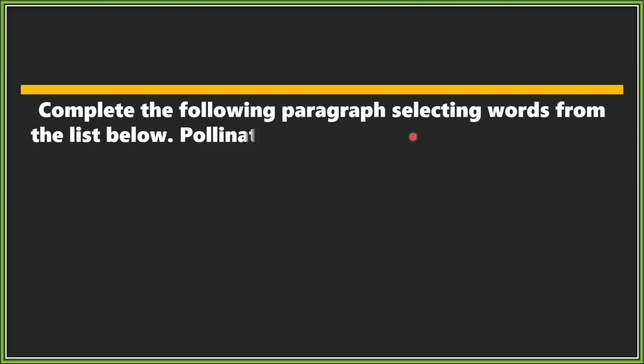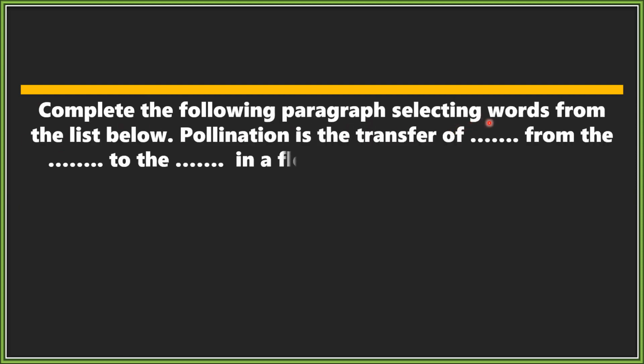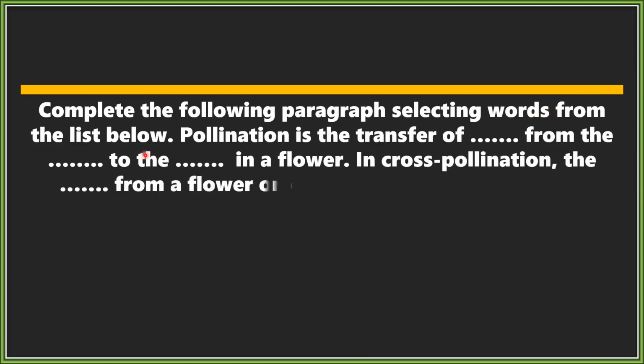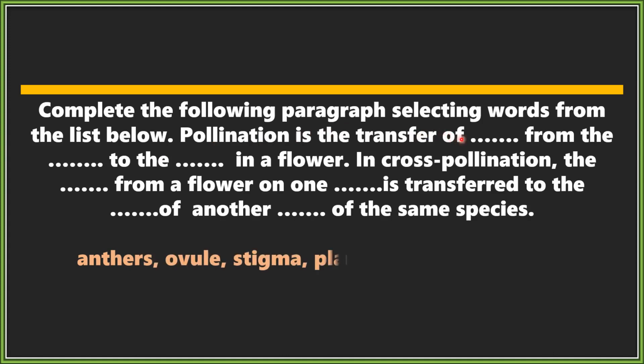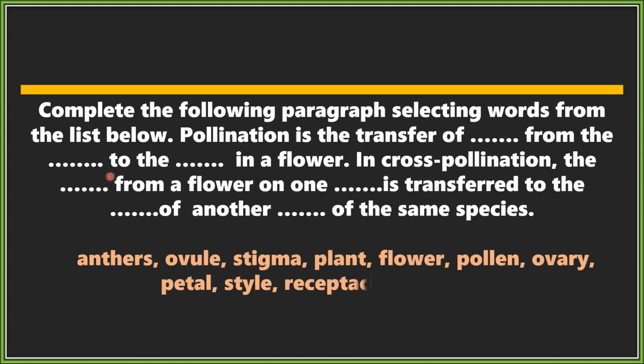Complete the following paragraph by selecting words from the list below. Pollination is the transfer of dash from the dash to the dash in a flower. In cross-pollination, the dash from a flower on one dash is transferred to the dash of another dash of the same species.